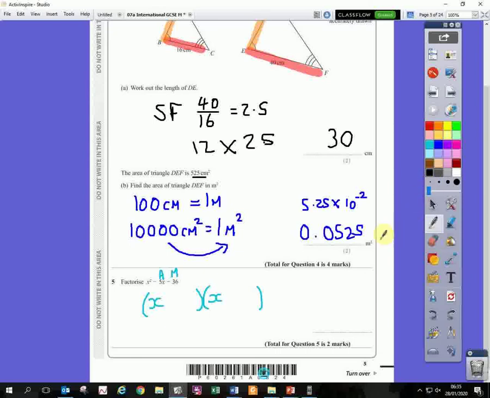Numbers that multiply to give 36, but also will add together to give negative 5. And if you do that, you end up with positive 4 and negative 9. Do not try to solve this, because you can't solve this because it's not equal to 0, not an equation. Just write this on the answer line, and that's fine.